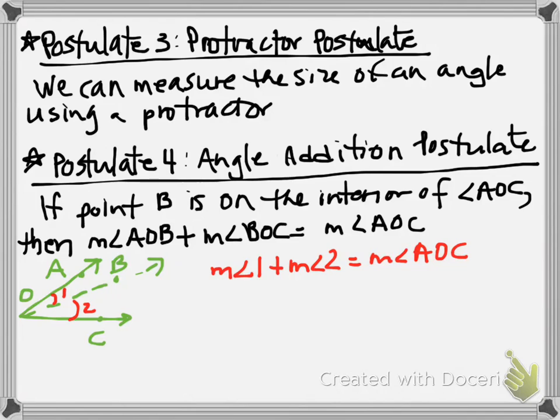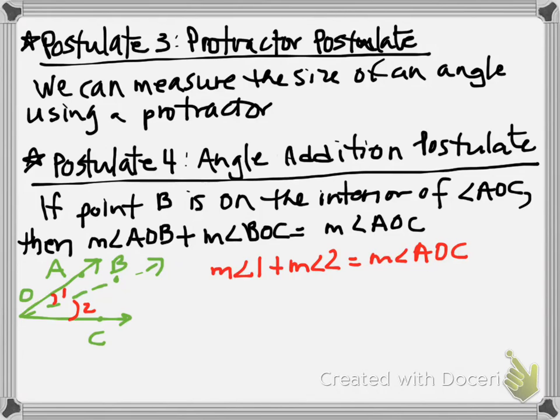Now, the second part to this postulate deals with a special situation that occurs. What if the angle AOC is a straight angle? Well, we know what a straight angle measures, right? What does it measure? 180. So now we can change what we get a little bit.